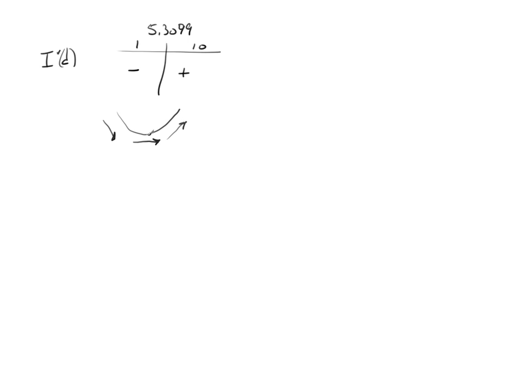So that means I've got this situation, which means a minimum at 5.3099, which is actually, I should say approximately, because it's actually 12 over the cube root of 2 plus 1.